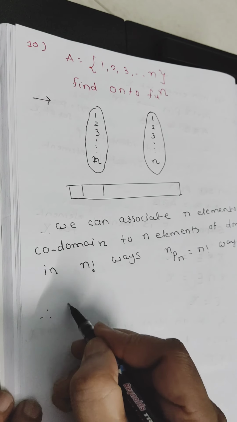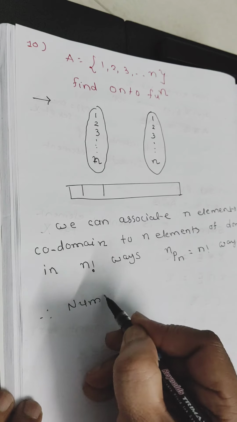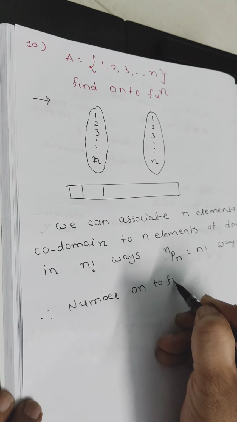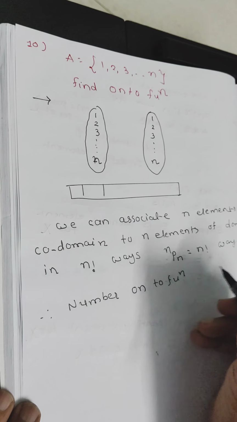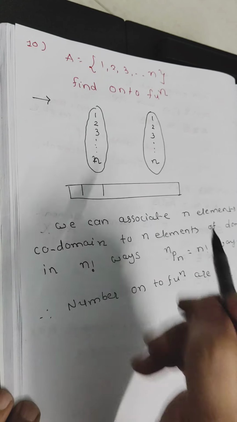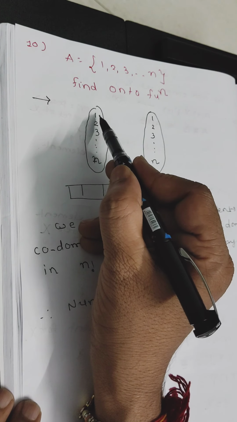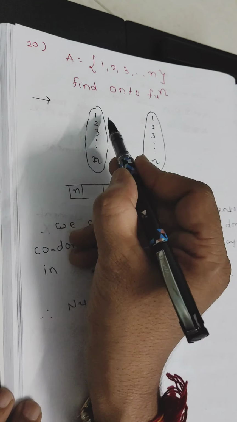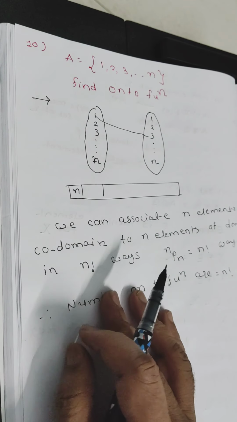So the number of onto functions is n factorial. How is it? Suppose for the first element we have n options, anything.